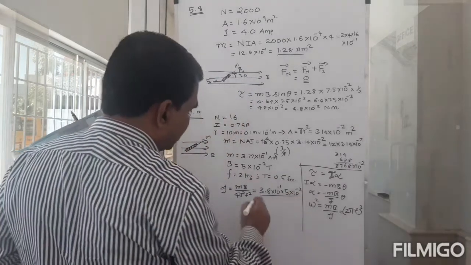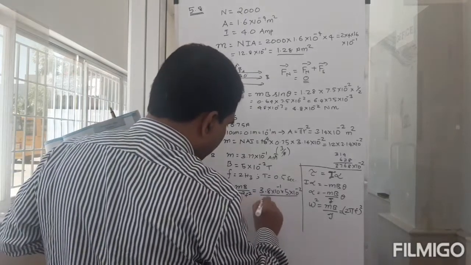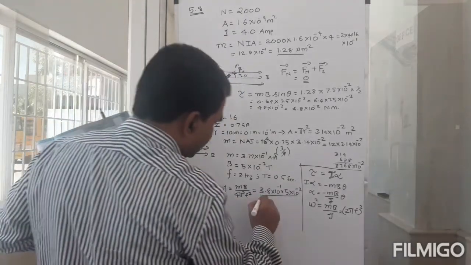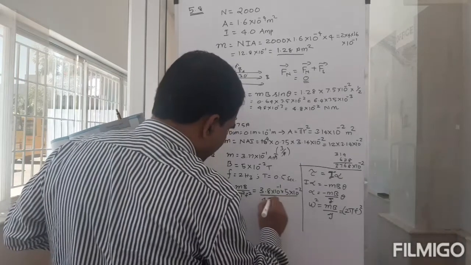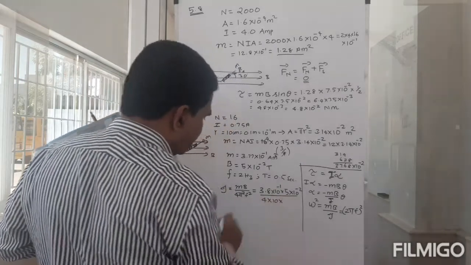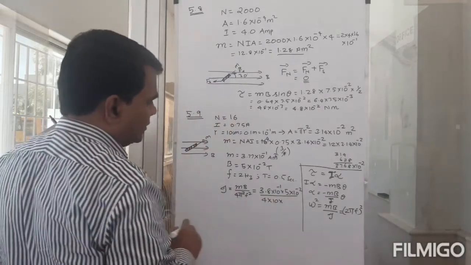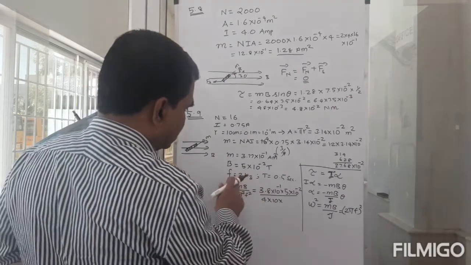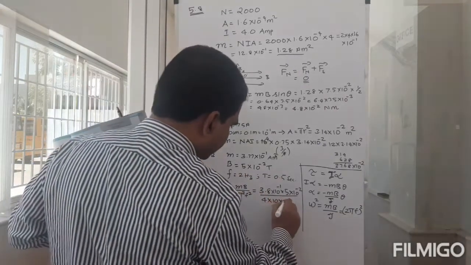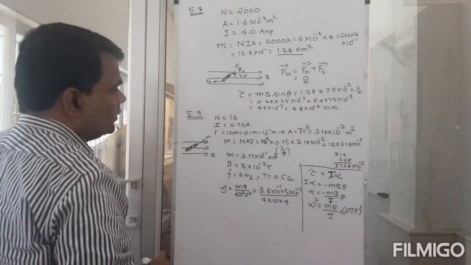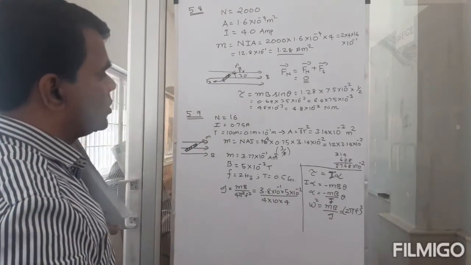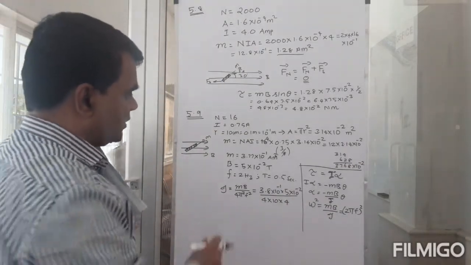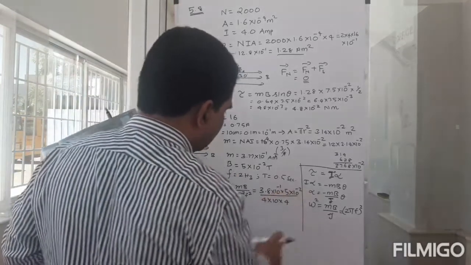This would be 4 pi squared, which is approximately 10, and f squared is 4 again.